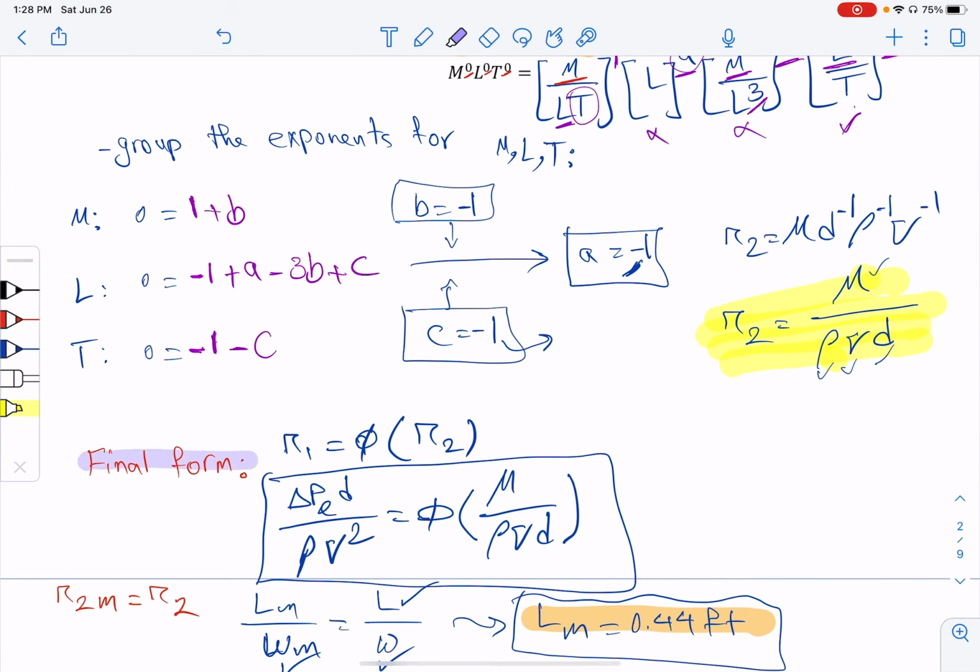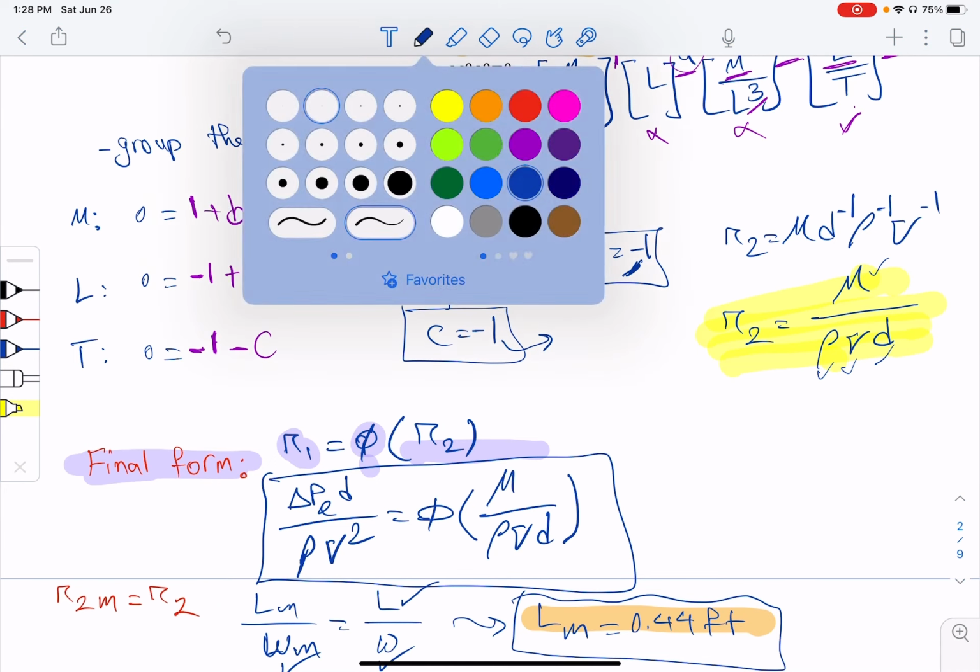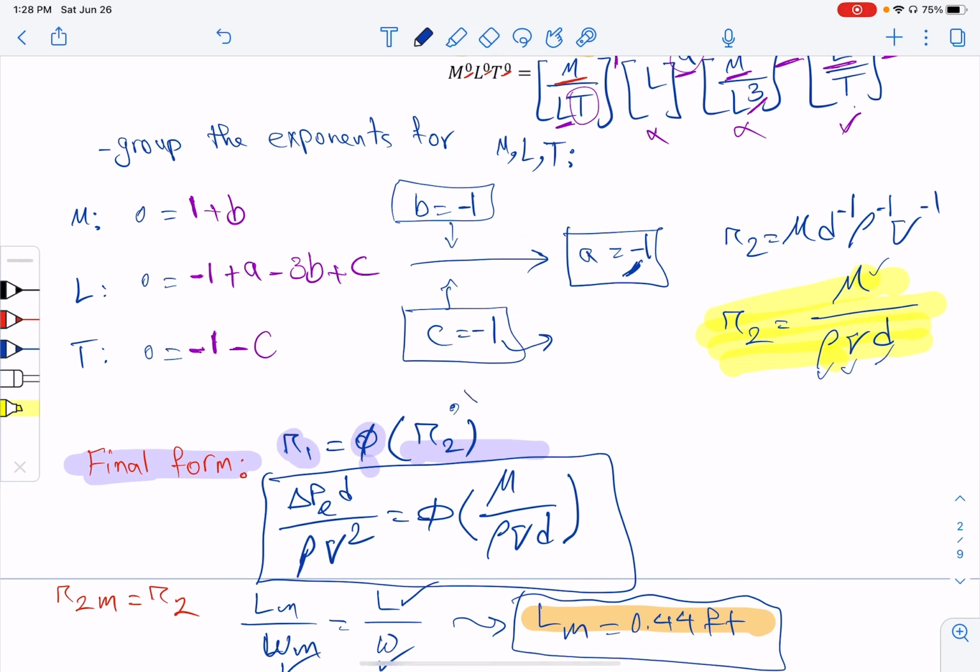And always don't forget to write down the final form, which is that the first pi term is equal to a function of the rest of the pi terms. For example, if I have pi 3 as well, I'm going to write it down as well.